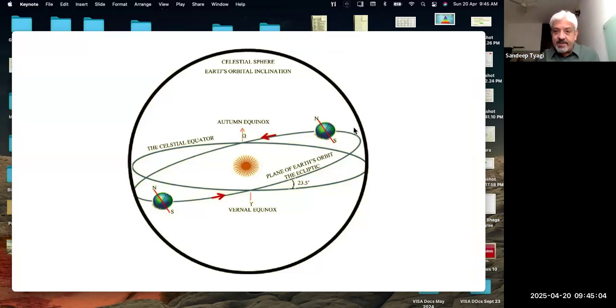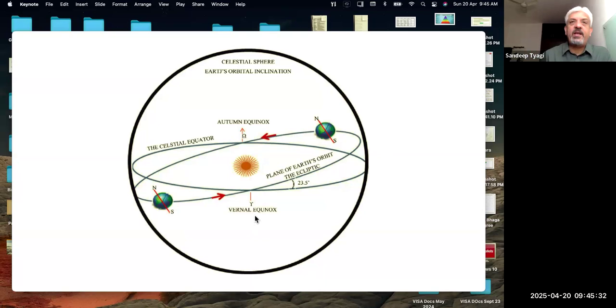So hence the equator of the Earth is no more aligned to the sun directly. So since there is an equator, as the Earth moves around the sun, there is a point when it arrives directly upon the equator, right? And it happens twice a year, which are called the two equinoxes.